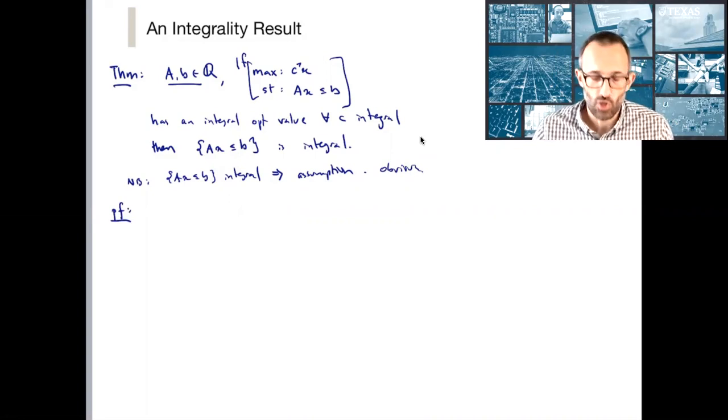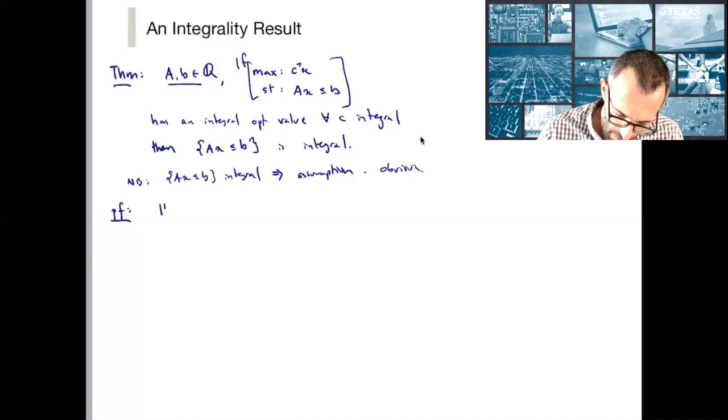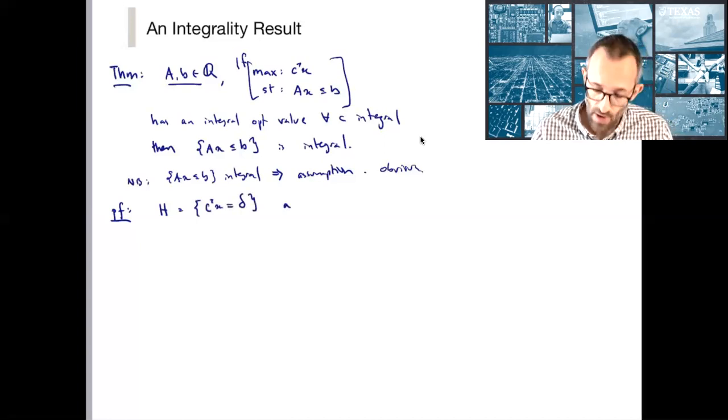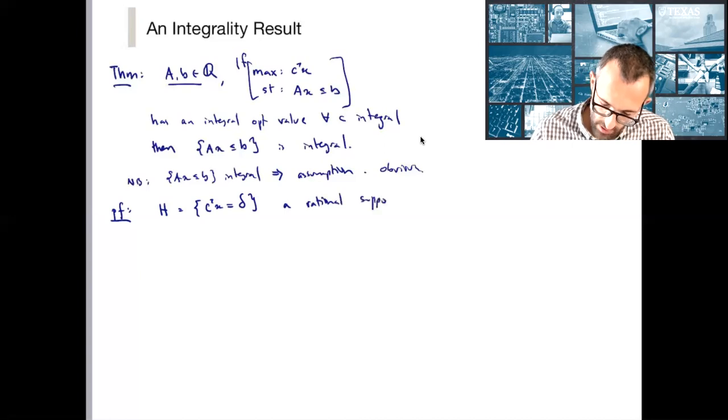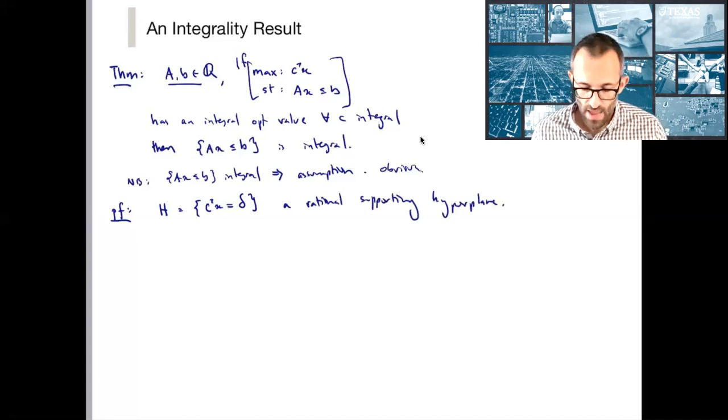Okay, so now let's start with taking a supporting hyperplane. So let's let H be of the form c transpose x is equal to delta, and let's let this be a rational supporting hyperplane. And note here that without loss of generality, because again it's an equality, I'm assuming c and delta are rational.